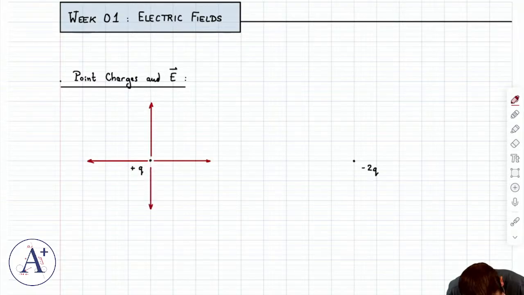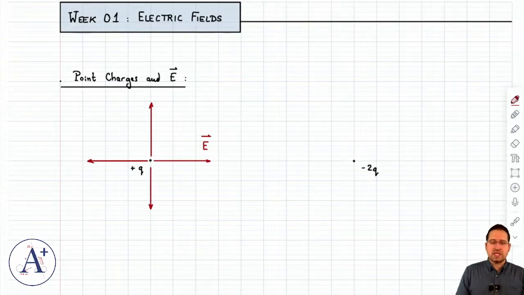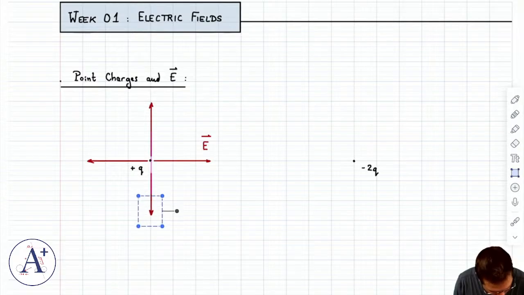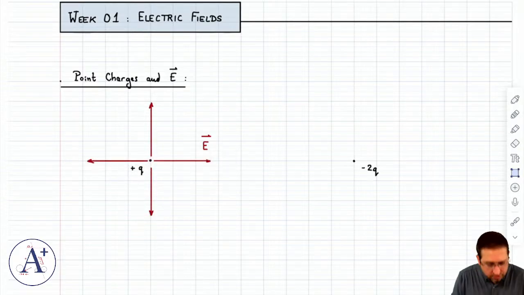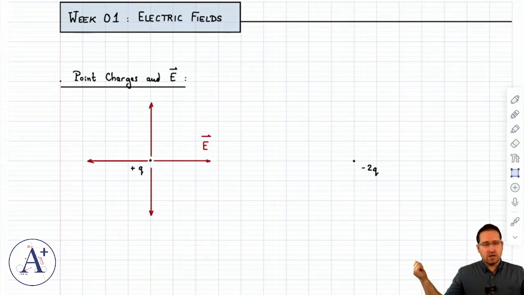But if I draw it like this, I mean, I'm restricted by my little sheet of paper here, my screen. Obviously, it's two-dimensional. But the reality is that, just like a disco ball, this electric field radiates out in all directions of space from the point charge. So it starts at a positive point charge and points away.